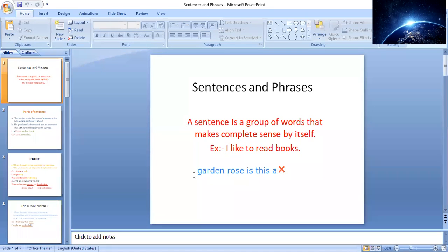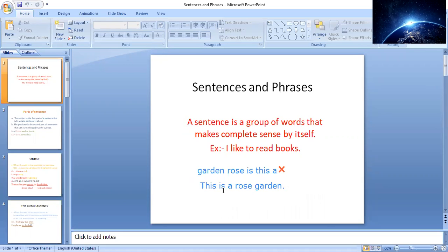Then, if I arrange these words, I'll get: this is a rose garden. Now can you understand the meaning? Yes, we can understand.